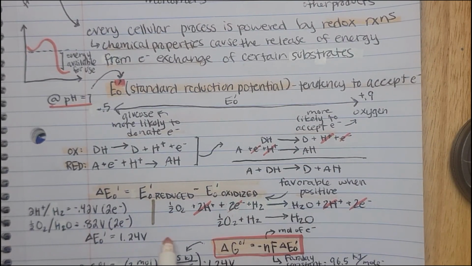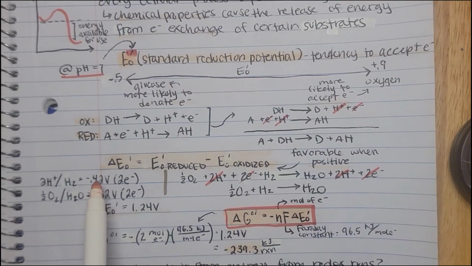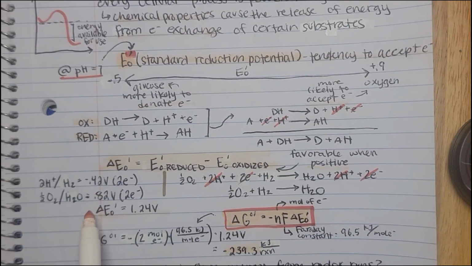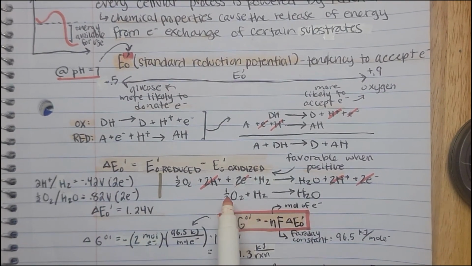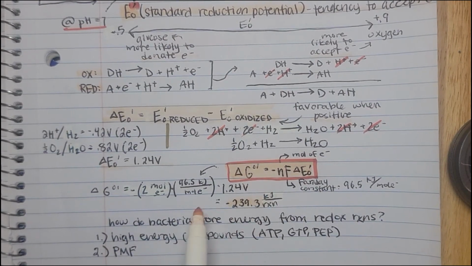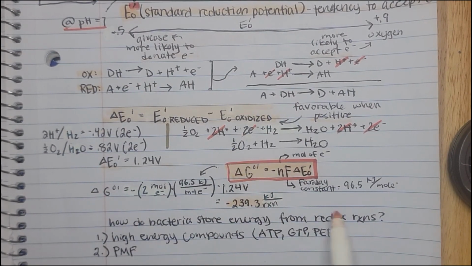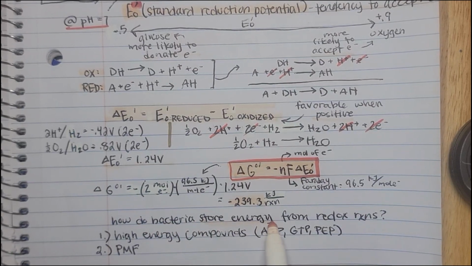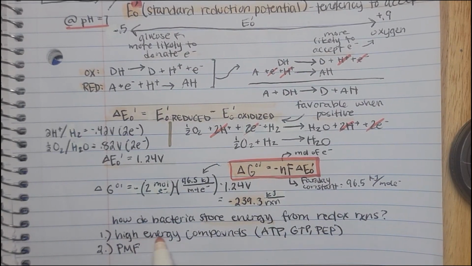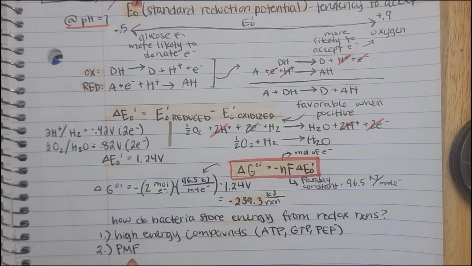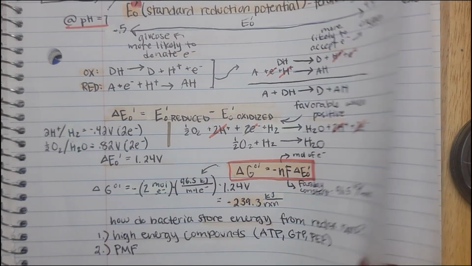And so we solved for that here by subtracting negative 0.42 from 0.82, and we used this formula to solve for delta G naught. And we found out that the way to store energy from redox reactions is in high energy compounds like our ATP, GTP, PEP, and our proton motive force.